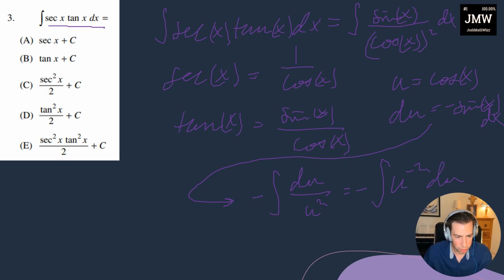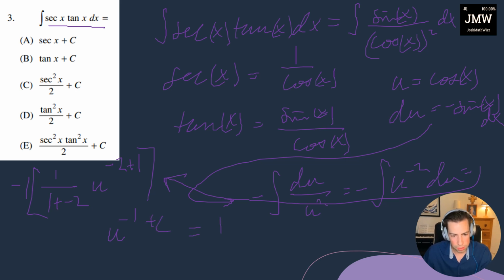So over here, I'm going to have 1 over negative 2 plus 1, and then of course all this is going to have to be multiplied by negative 1. Okay, so then what I'm going to have is u to the negative 1 plus c.